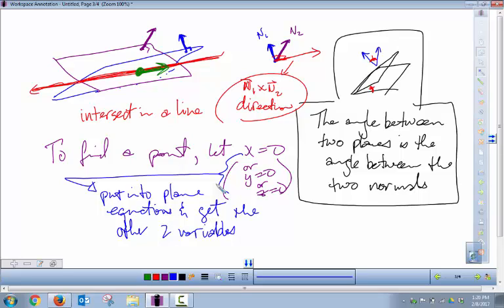In any case, we'll get 0, comma, some number, comma, some number, and that point will be on both planes, but more importantly, on that line.